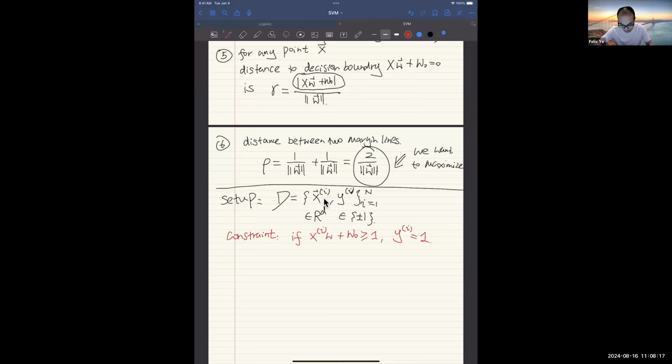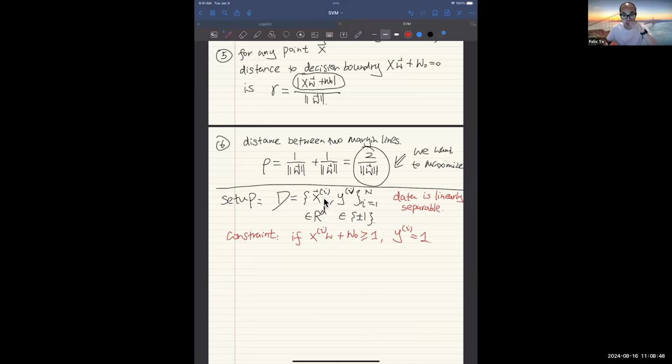I forgot to mention, I think we already mentioned this, that this data is linearly separable. This is an assumption that we already have. So if we train with the perceptron, it will end with a global minimum equal to 0, and we have perfectly separated everything here.